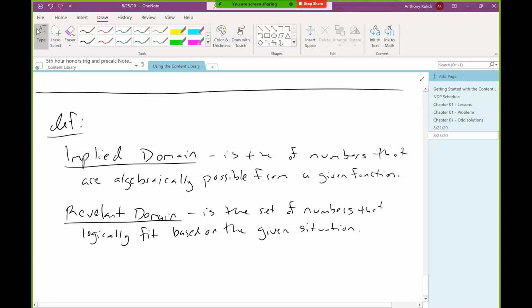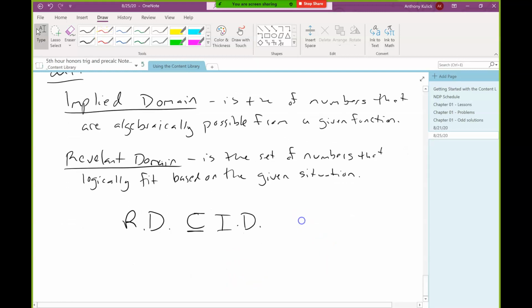And in general, the relevant domain is always going to be no bigger than the implied domain. So we can say that the relevant domain is always going to be a subset of the implied domain. The symbol here that's like the sideways union symbol with the bar underneath is the symbol for a subset.